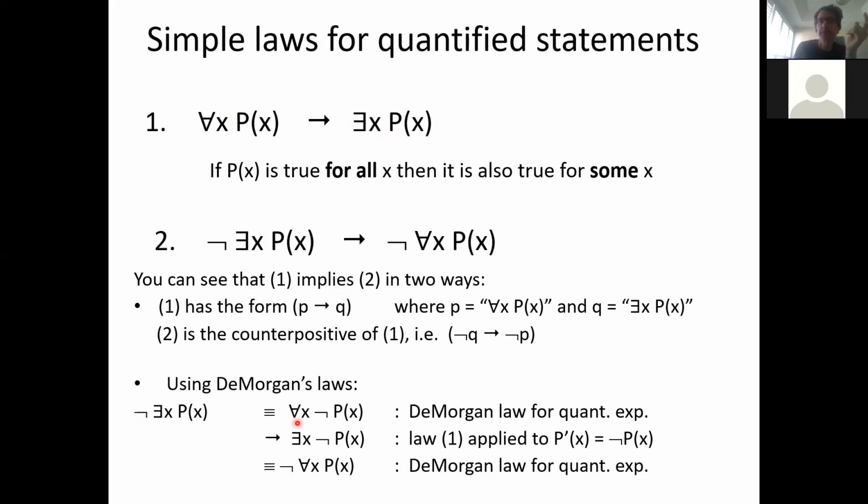That is, if for all x's not P(x), then there exists an x such that not P(x). By De Morgan, this in turn is equivalent to that, which is this side. It just shows that you can use different reasoning to arrive at the same thing. So now we showed that statement 1 implies statement 2 in one way here and in a different way here.